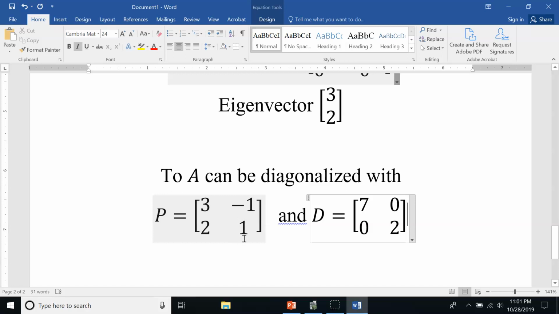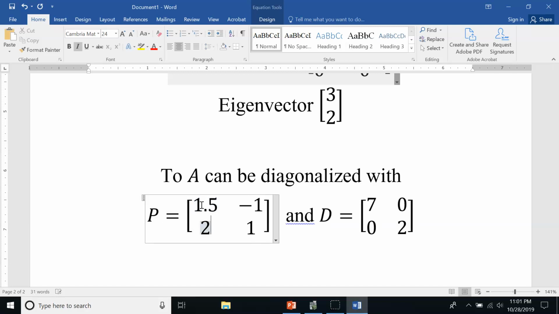I always use the free variable as 1, so I wouldn't use this. I would use the 1, 1 vector and this D. And again, if the order doesn't quite match up to what you have, try to swap the order and see that you get the right thing. Okay?